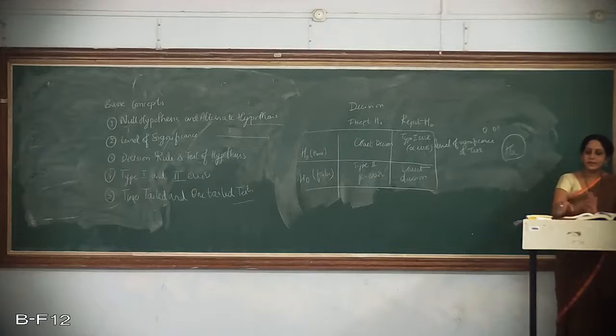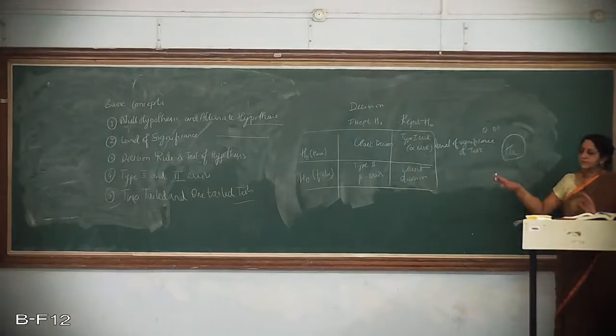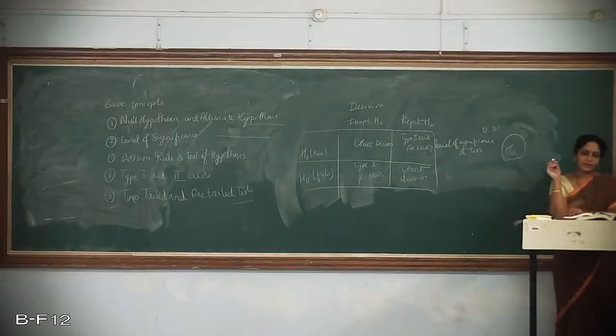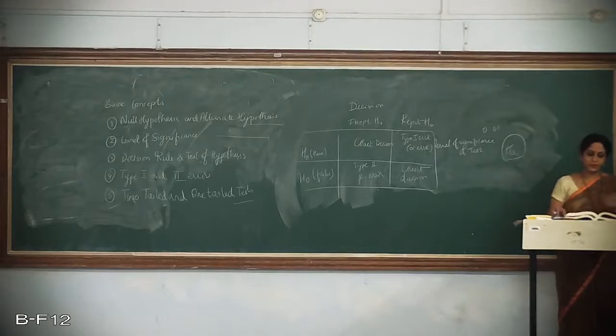Is this clear? So this is with respect to the decision that is considered. Then we will be going for the next, that is one-tailed and two-tailed tests. The other aspect I will discuss is the level of significance, which is usually indicated with some percentage.